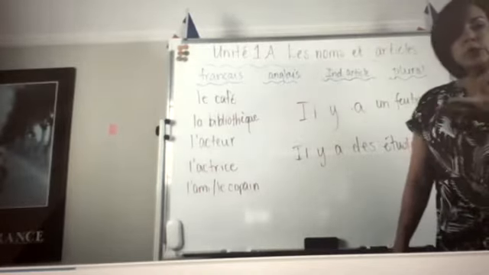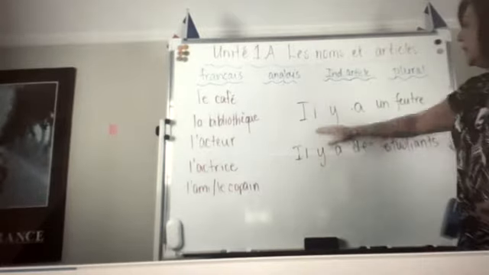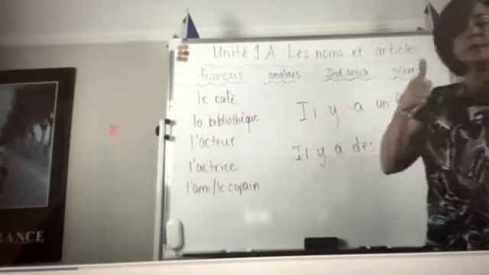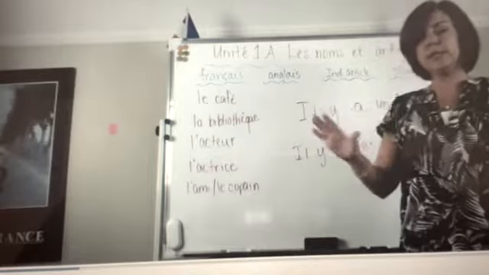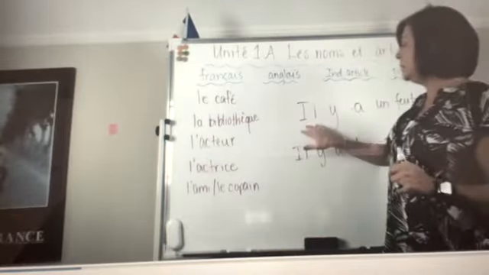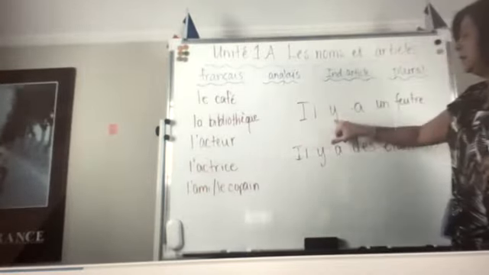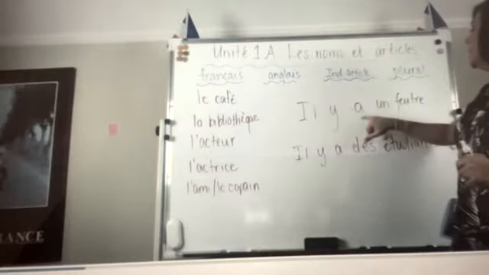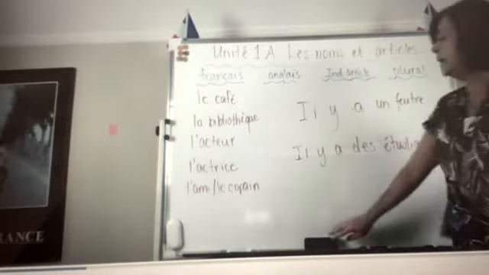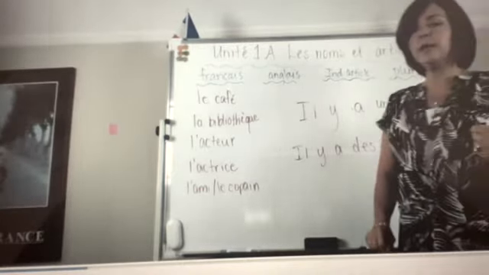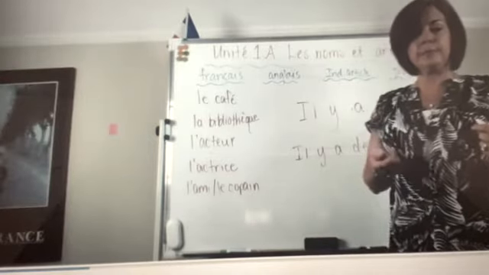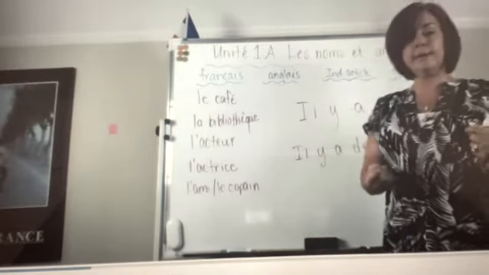There are students. So that il y a doesn't matter if it's there is or there are, it's the exact same expression. Il, I-L, I, the letter Y, and A, the letter A. Il y a. Écoutez, répétez. Il y a.